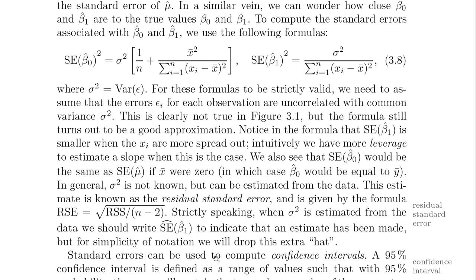I'm not following. If x bar was 0, this wouldn't become 0, though, would it? In which case, beta hat naught would be equal to y bar.